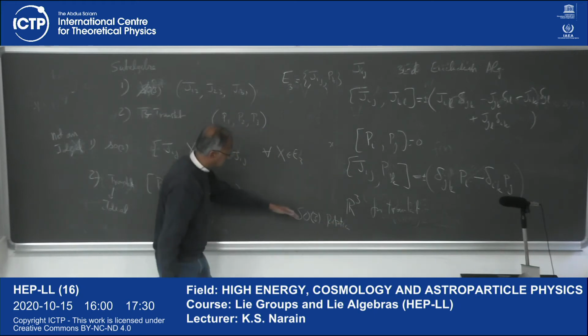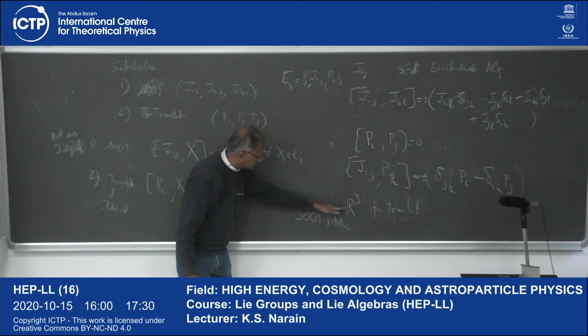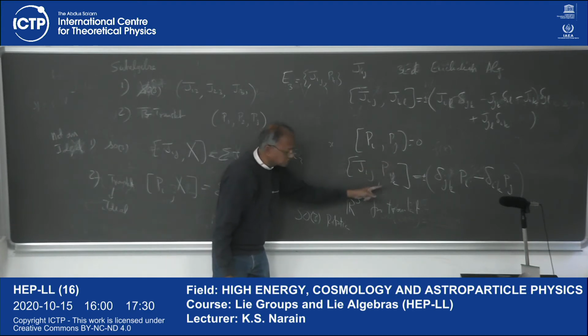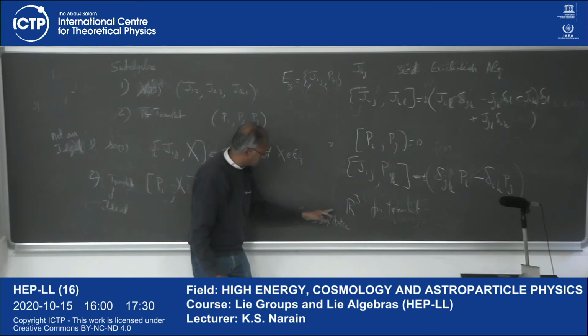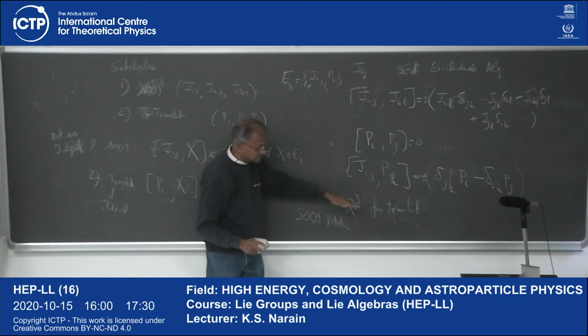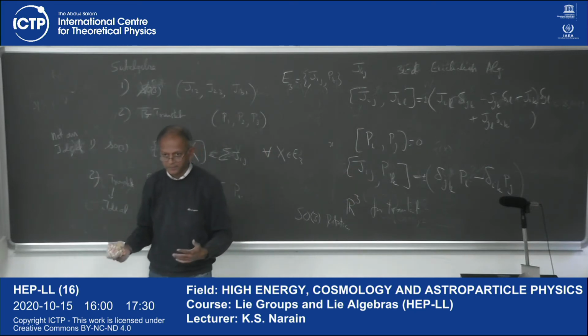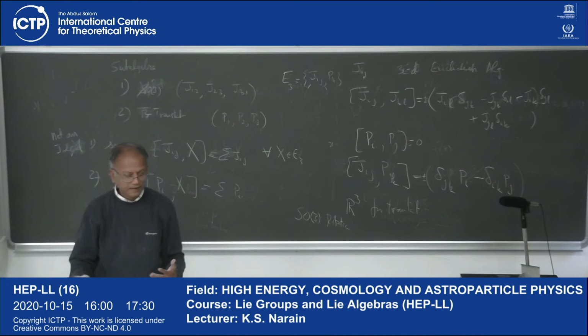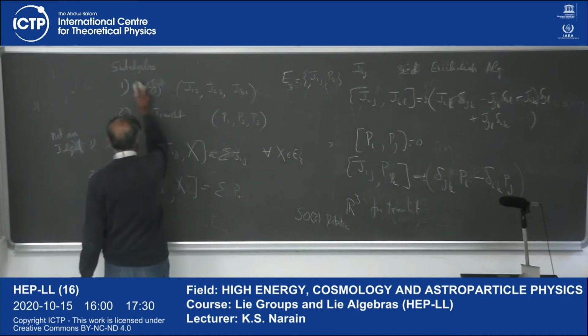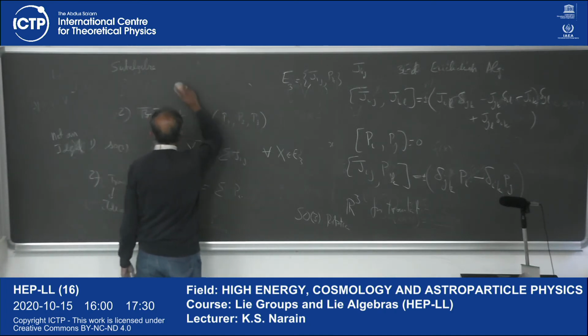Now, if you take the direct product of these two, then of course this commutation relation should not be there. They should commute, if it was a direct product. So this product is what is called a semi-direct product. The semi-direct product is defined in general like this.